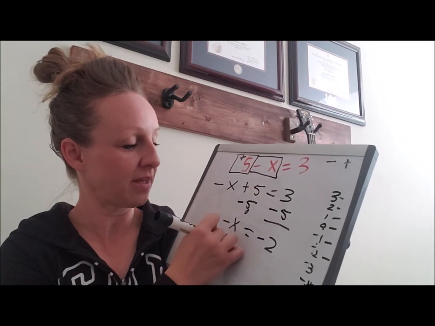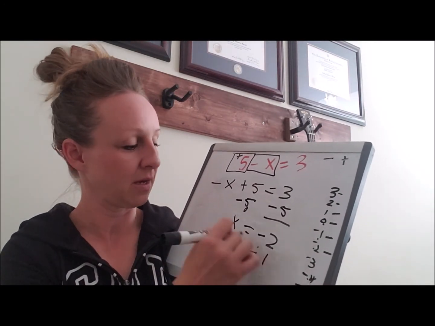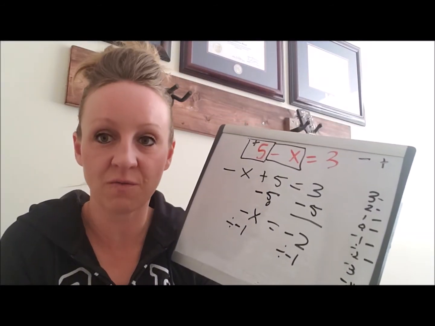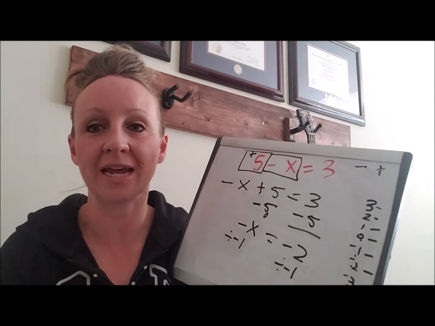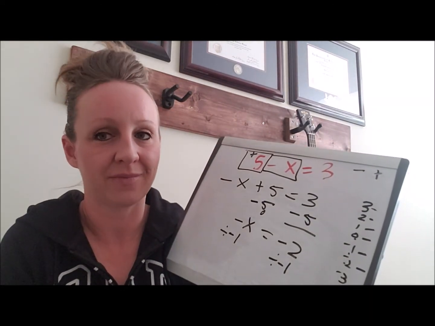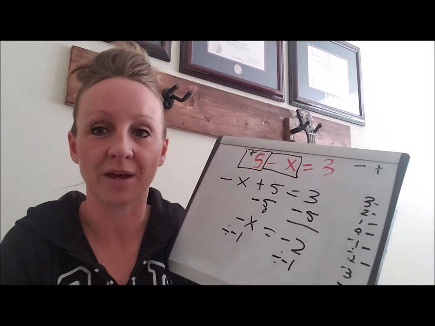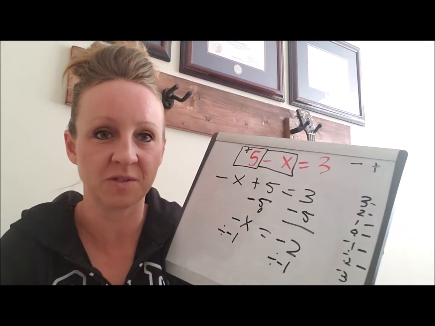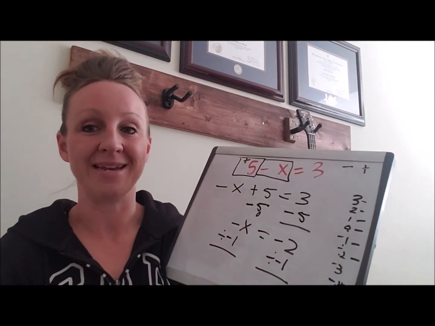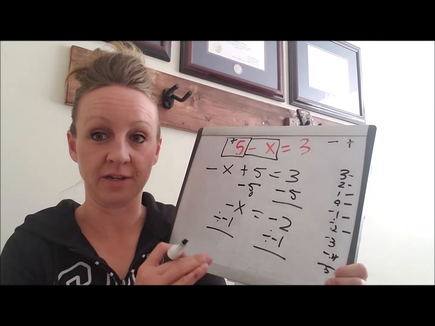So I'm going to divide both sides by negative 1 to get rid of the negative sign. I can't just take it away. I can't say x is equal to 2. Like it is, but I can't do that. Mathematically, there's steps. I have to do the steps to make sure that I can do it, okay? So I'm going to divide each side by negative 1 to keep it fair, to keep it even.